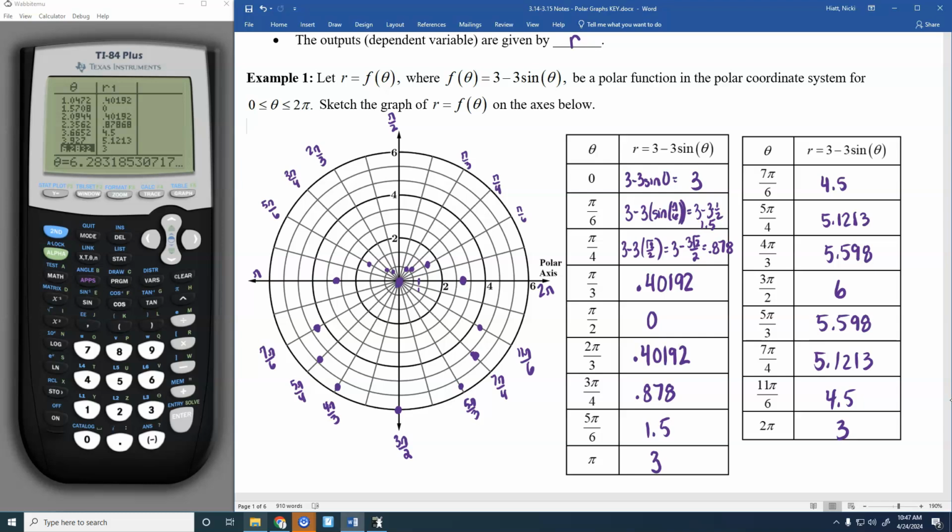So, polar graphs have direction to them. That also makes them very helpful for different types of navigation, because you can have a direction. If we just graph y equals x, a line, it doesn't really have direction. But if we're graphing from 0 to 2 pi, we start right here at 0, and we go around like this.